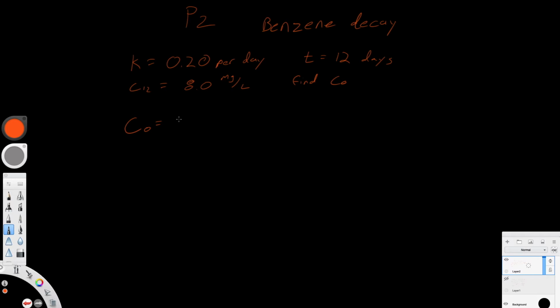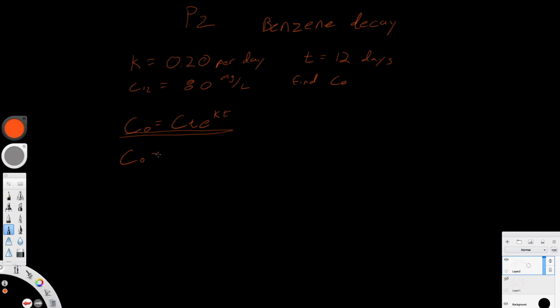So in this case, for first order decay, the original concentration is going to be equal to the concentration at some time, e to the decay rate times time. And if you want to know how we get this, I believe we talk about that in our decay rate video that we have. I mean, really it's just a plug and chug at this point. This is basically the thing you need to know.